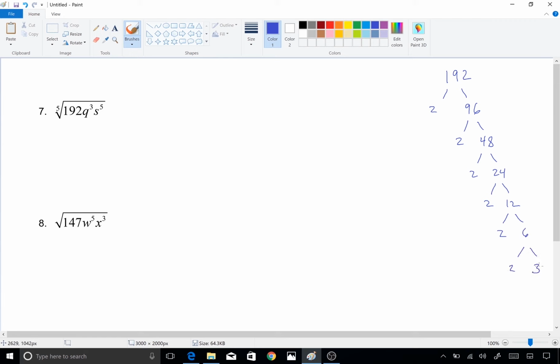And 3 is a prime. We've finally got our prime factorization. 2 times 2 times 2 times 2 times 2 times 2 times 3 times q times q times q times s times s times s times s times s.